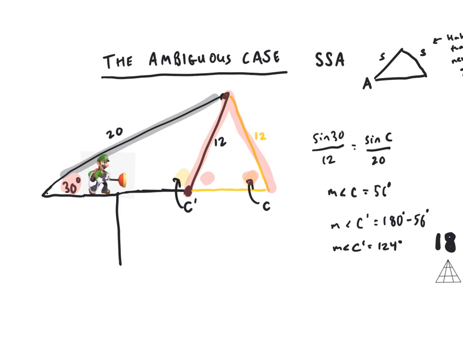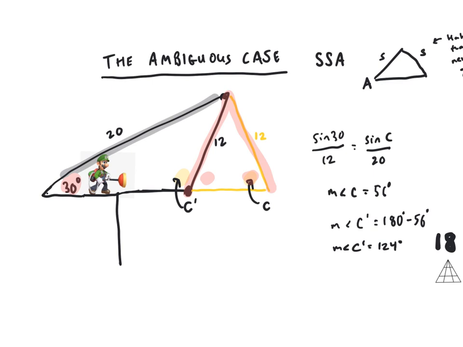So now I can take these two triangles, which were originally SSA, and use this additional information, either C or C prime, to think of these triangles as side-angle-side or angle-side-angle, because I know all the angles in the triangle.